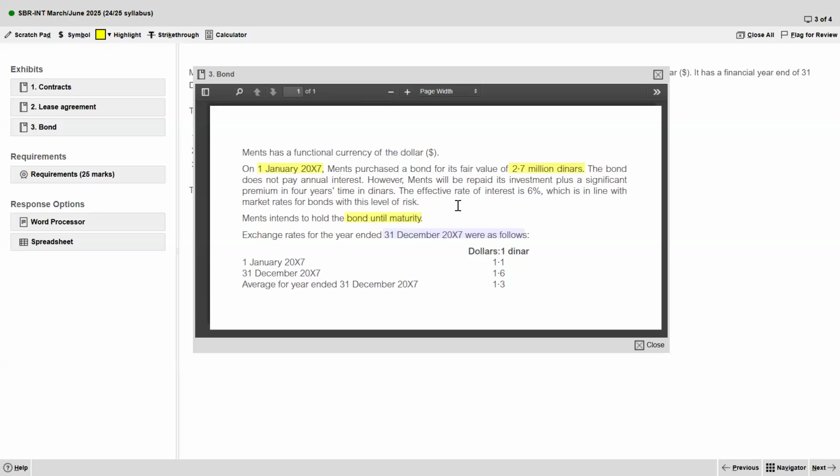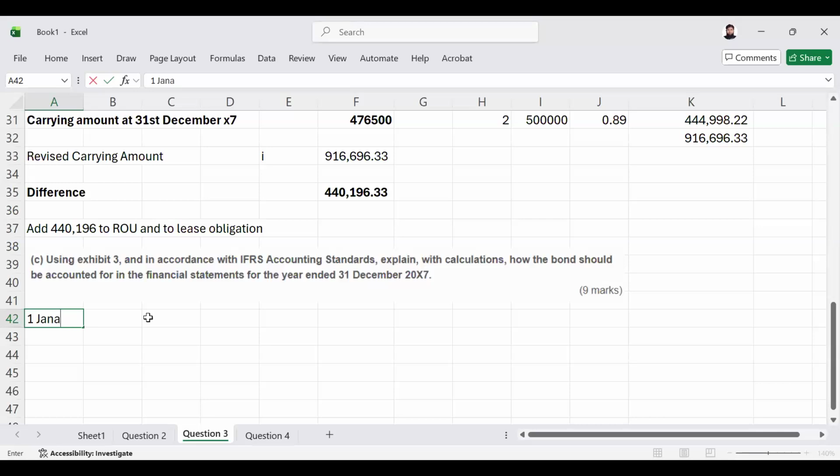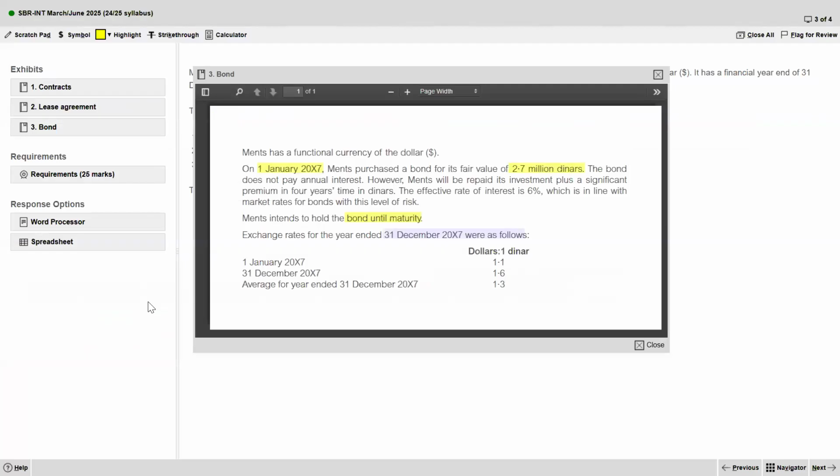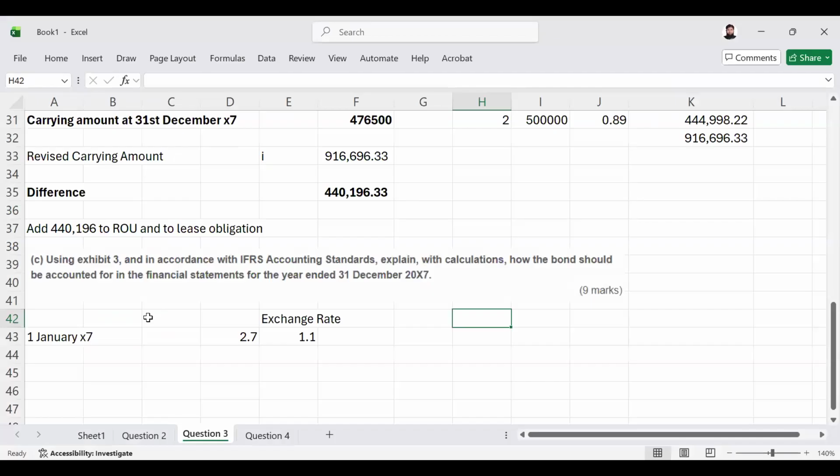Now let's see. You are actually going to do the accounting in this manner: first of all, at 1st January X7, 2.7 million dinar. The exchange rate 1.1. Amount in dollars.